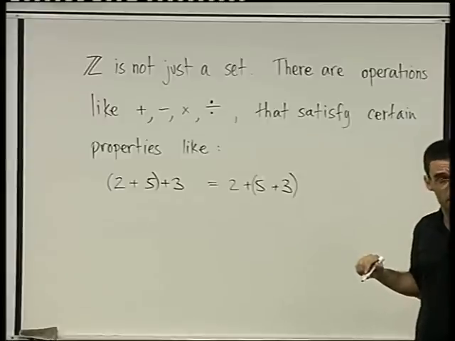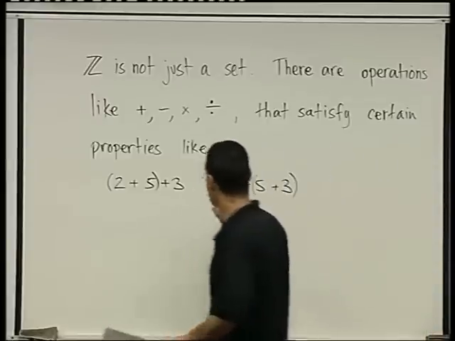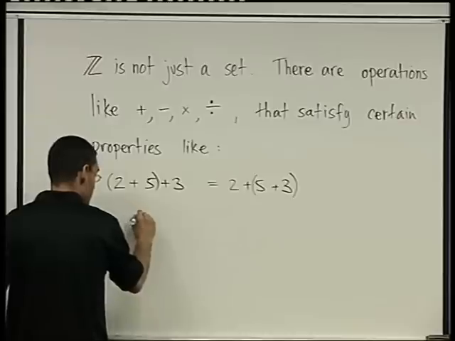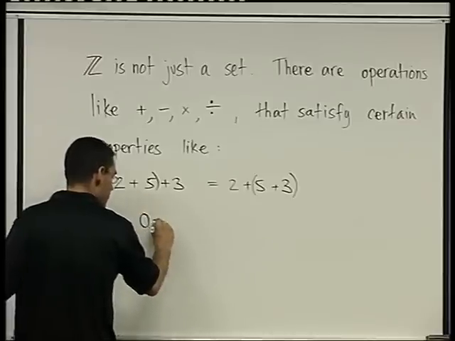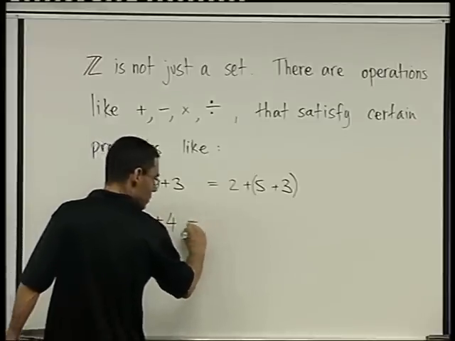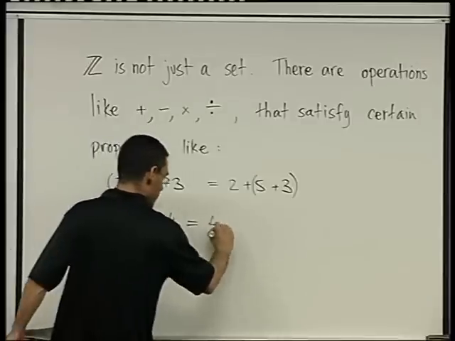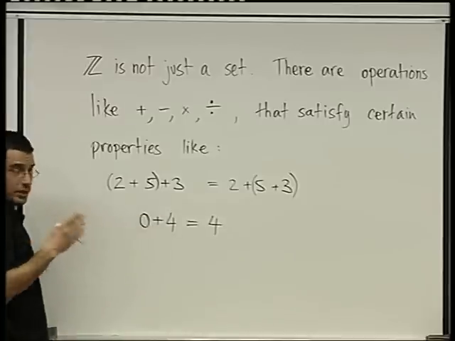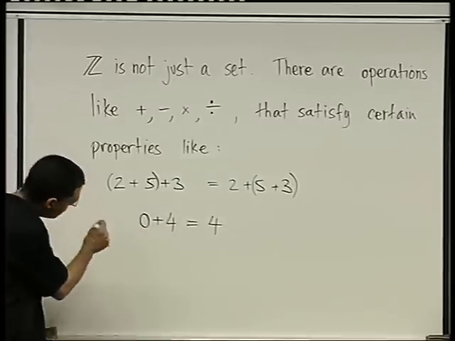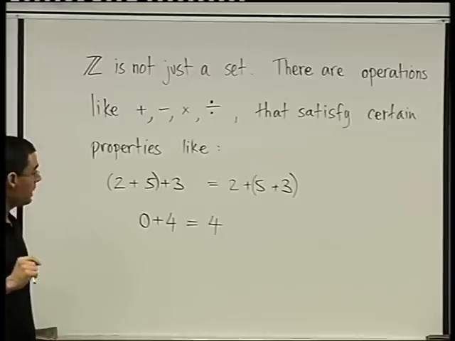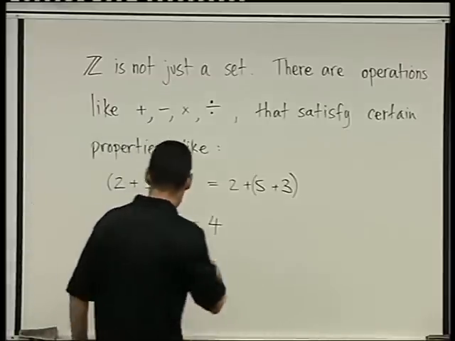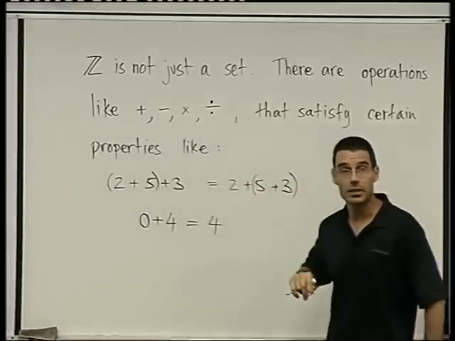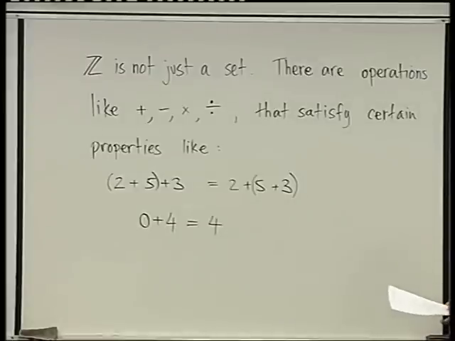It's called associativity, right? Another property is that there is this 0 element, which when we add it to any number, doesn't change anything. So 0 plus whatever is whatever. So 0 has this unique property of being what we call an identity.